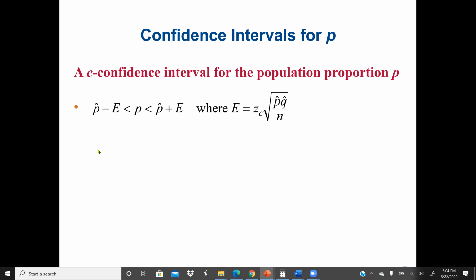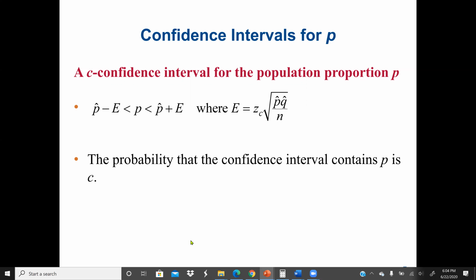This is how we find the confidence interval. We need to find E. In order to find E, we should know p hat and q hat. When we know p hat, it's easy to find q hat because we subtract p hat from 1. And we should also know the sample size and the critical value, or the level of confidence. So here we say the probability that the confidence interval contains p is c.